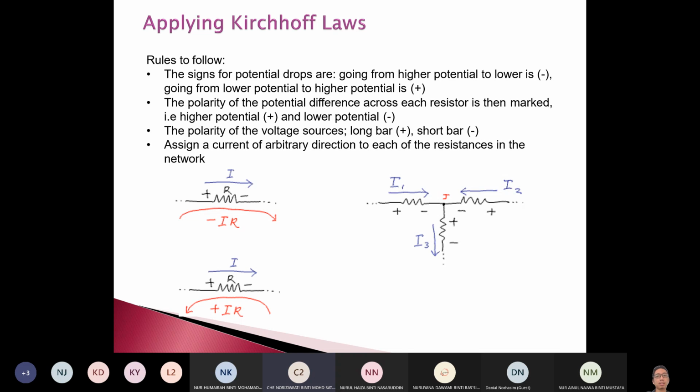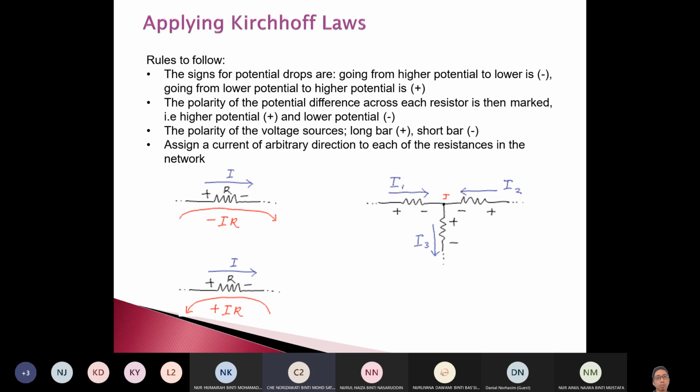But if you draw it in a certain direction, let's say from left to right, then you need to make sure that the current that you obtain is correct. For example, over here, let's say you have I1, and that resistance is from positive to negative.